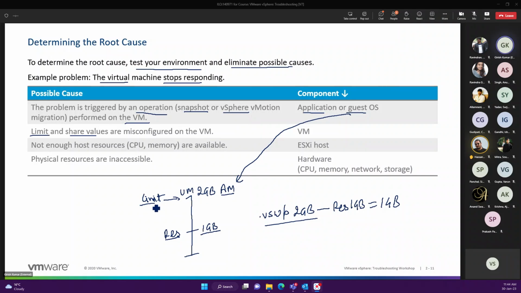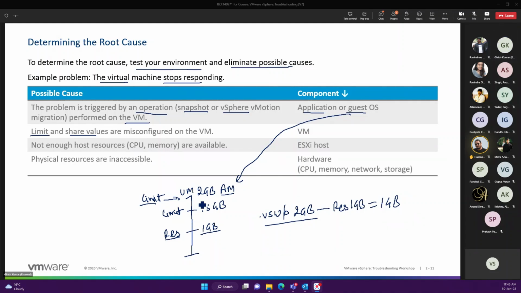But if you want a limit also, you can control that. Let's say the limit I put is 1.5 GB. So it means what? Up to the reservation is guaranteed, more than the reservation is not guaranteed.